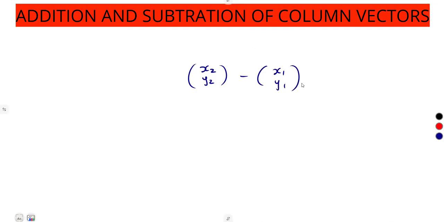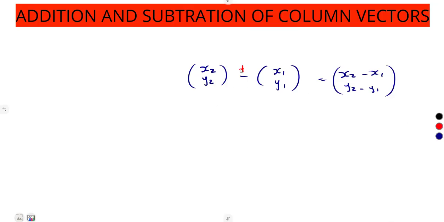For subtraction, you simply combine the x values together, x2 minus x1, and the y values together, that's y2 minus y1. That's a column vector, a single vector that you're going to have. So these are the simple properties that you're going to consider.